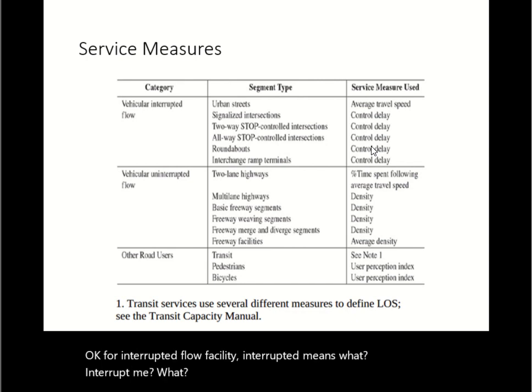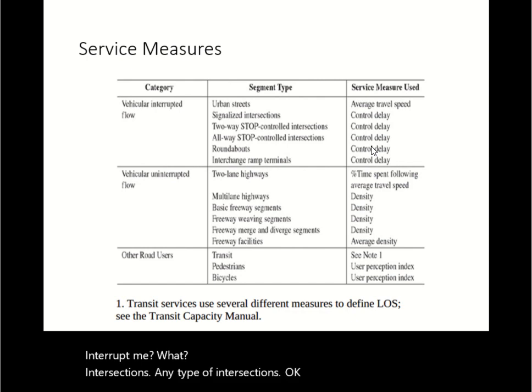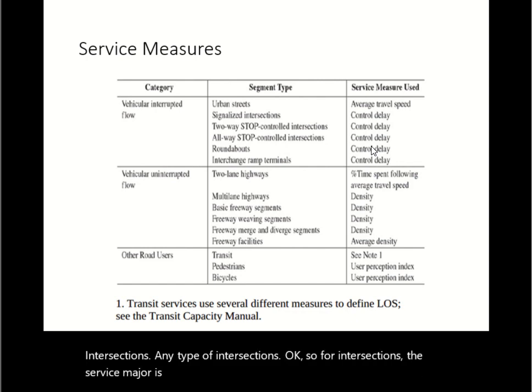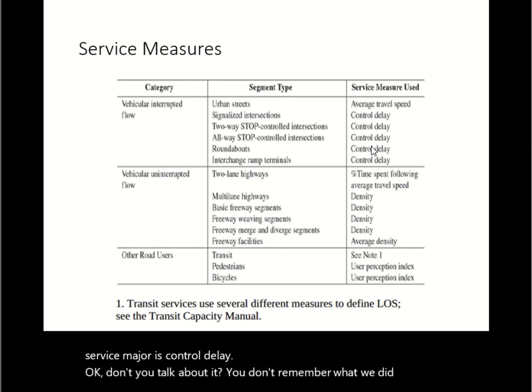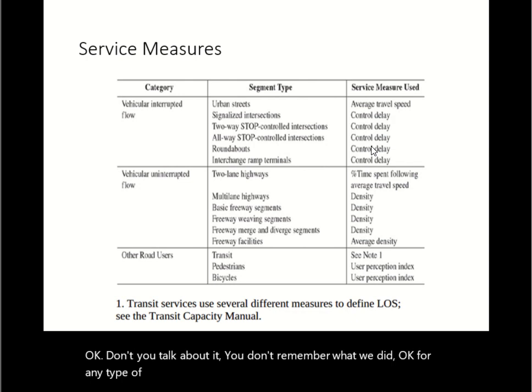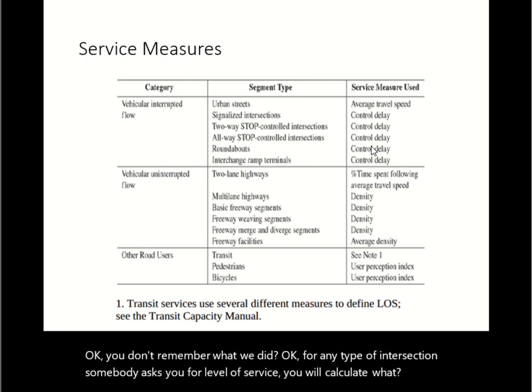Any type of intersection. So for intersections, the service measure is control delay. We already talked about it. You don't remember, but we did. For any type of intersection, somebody asks you for level of service, you will calculate what? Control delay. Got it?